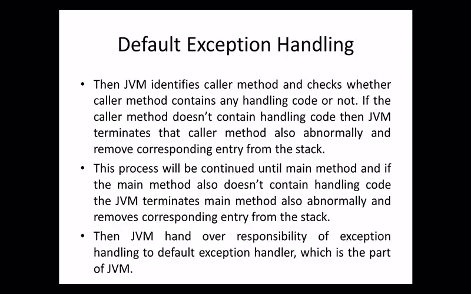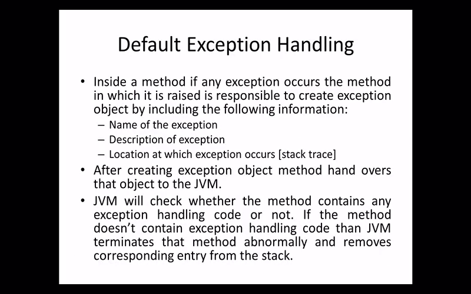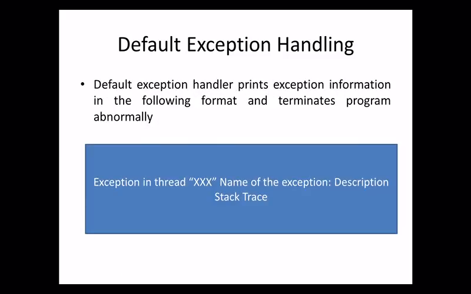As I told you, three pieces of information are going to be printed: name of the exception, description of the exception, and location at which the exception occurs. So the exact output will be in this format: Exception in thread xxx, where xxx is the name of the thread, name of the exception which arises, colon, description of that exception, and stack trace.